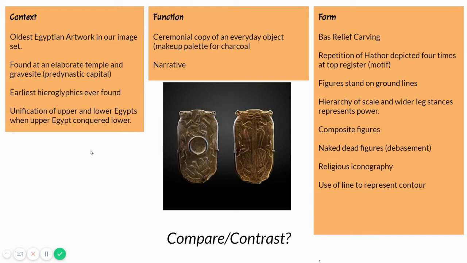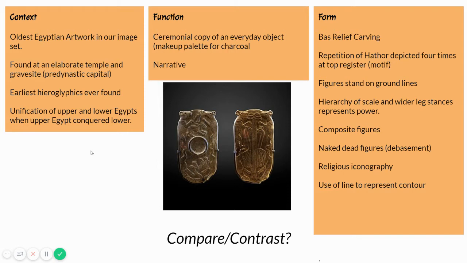In terms of context, we have the oldest Egyptian artwork in our image set. We have a piece of artwork that was found and located at an elaborate temple and grave site in the pre-dynastic capital.